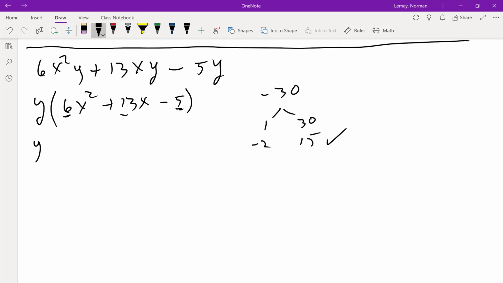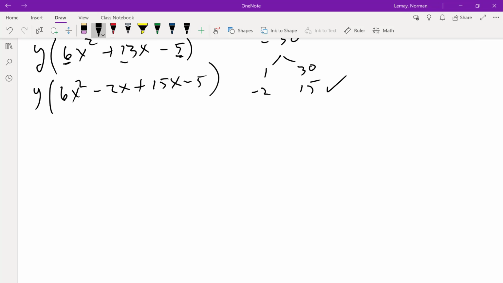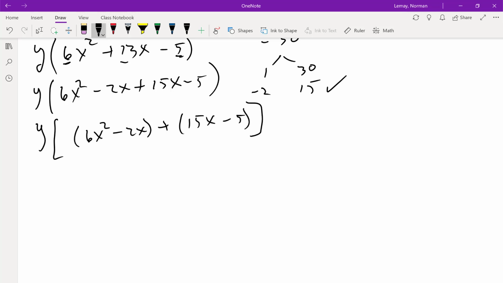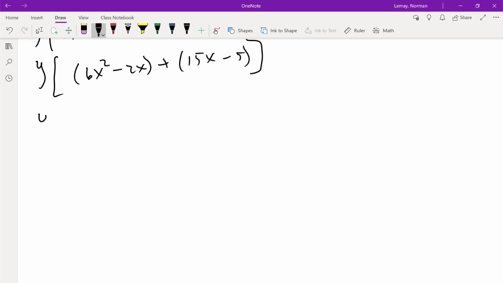So I'll come over here and rewrite as 6x squared minus 2x plus 15x minus 5. Now we do our grouping. So the greatest common factor in the first grouping, we're going to get 2x, and we're left with 3x minus 1.